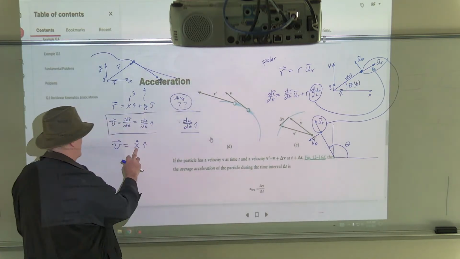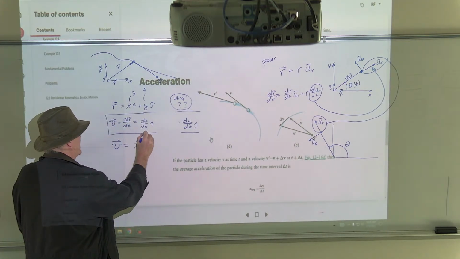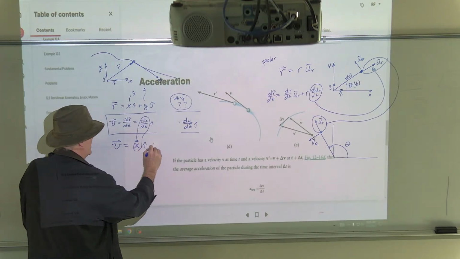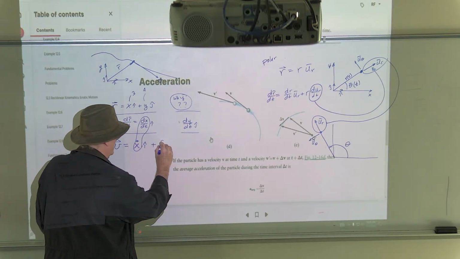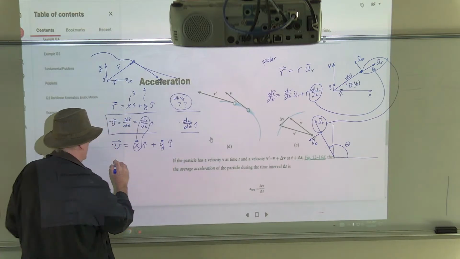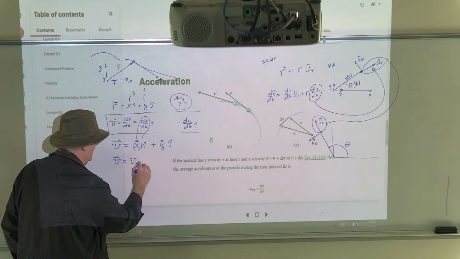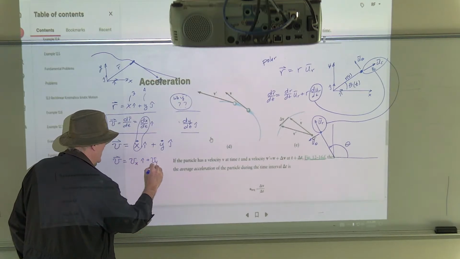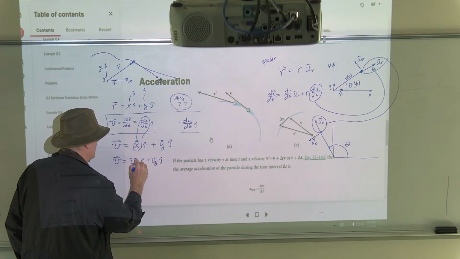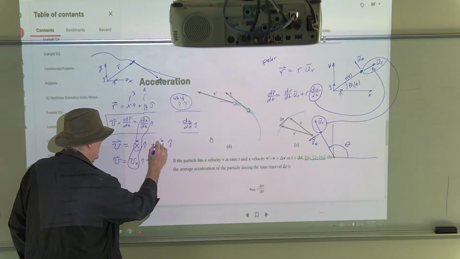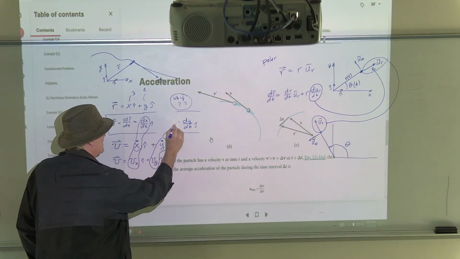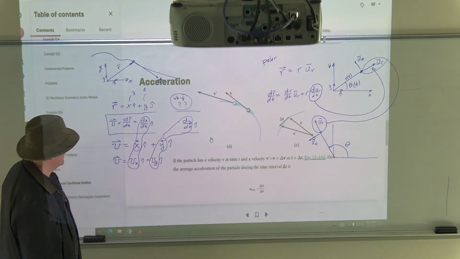So essentially this and this are the same thing, plus y dot j. Now, somewhere in the book he may also say this, the velocity in the x direction plus the velocity in the y direction. These are equivalent. All those are the same thing.